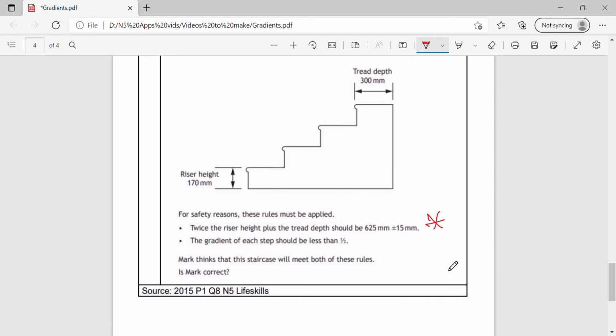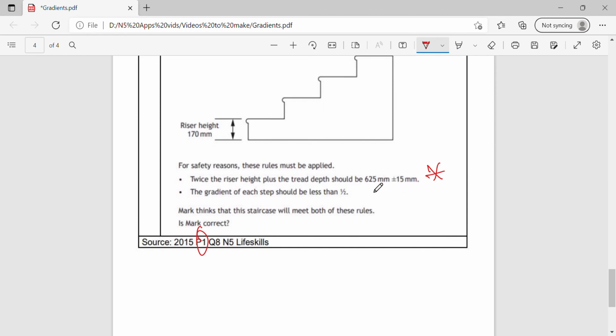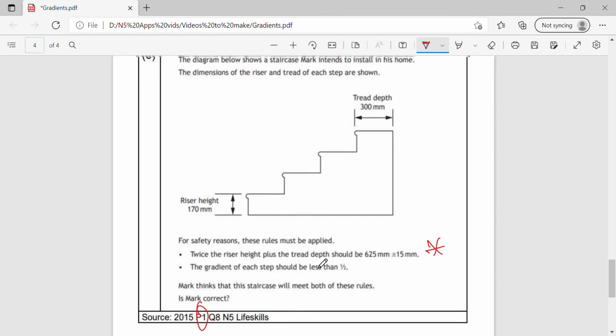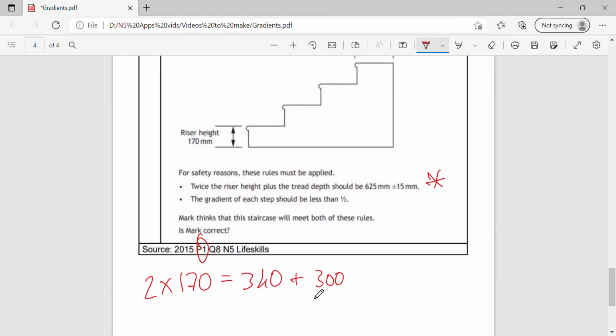The gradient of each step should be less than a half. Mark thinks that the staircase will meet both of these rules. Is he correct? So let's work out rule number 1. It says that twice, and this is paper 1, so non-calc, twice the riser height plus the tread depth is between those values there. So we've got 2 times 170 is 340 plus the tread depth of 300, that's 640.